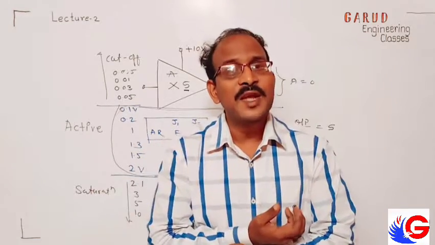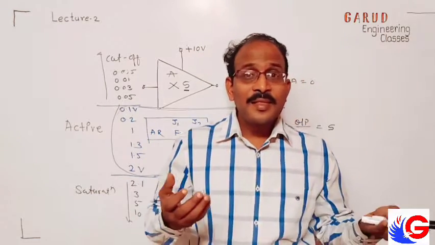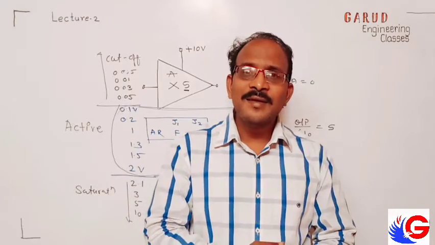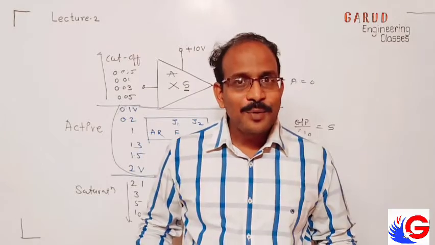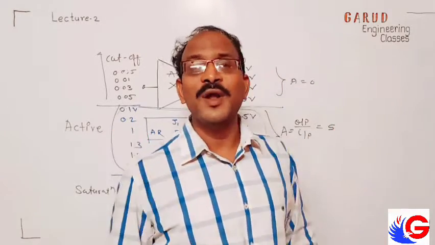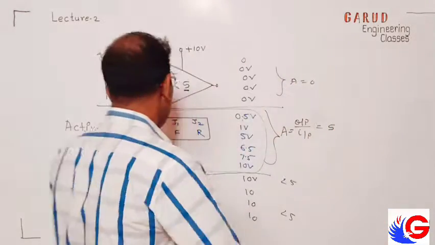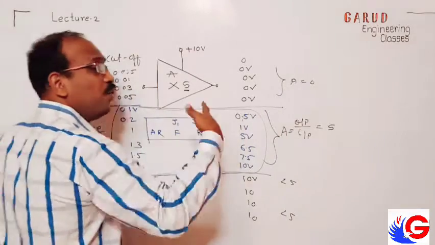Only one form of energy can be converted into another form. Then how do we amplify the signal? We cannot destroy energy. We cannot generate energy. Then if I give 1 volt, how do we get 5 volt?